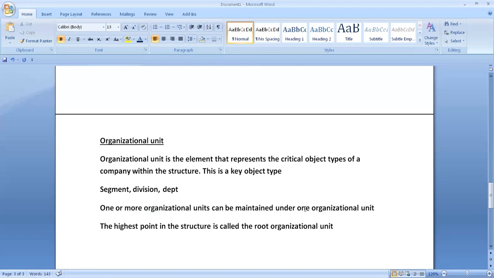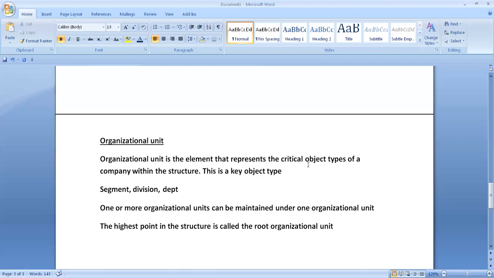In that case the highest point in the structure is called the root organizational unit. Meaning indirectly, under the root organizational unit, other organizational units are being maintained.